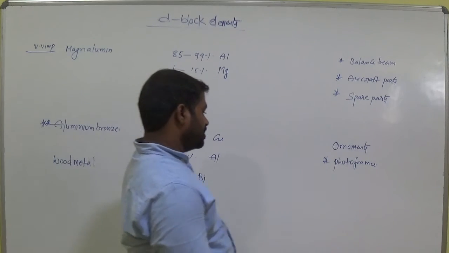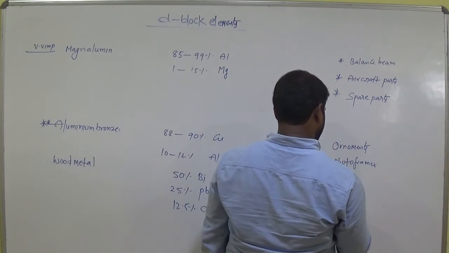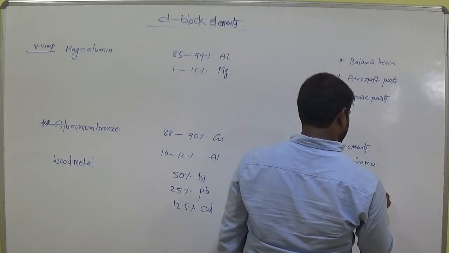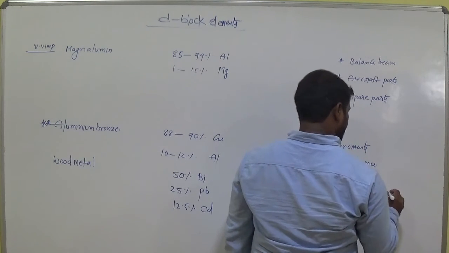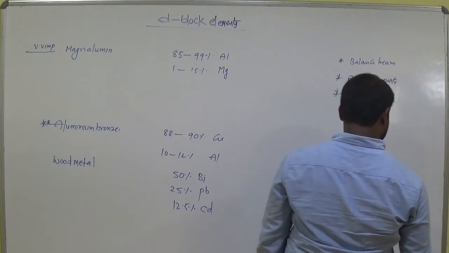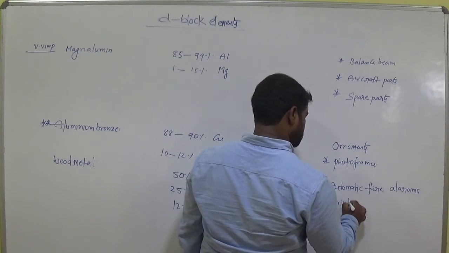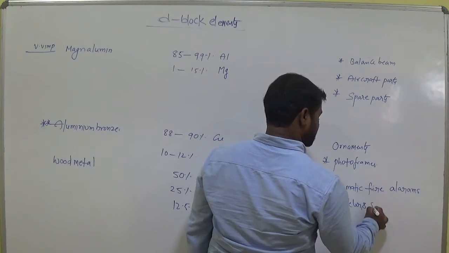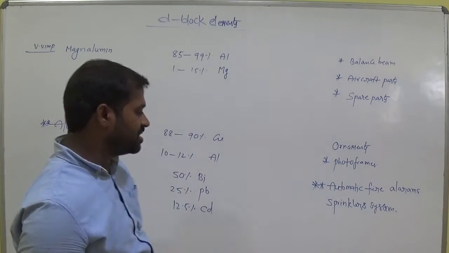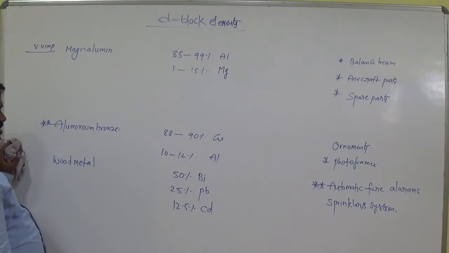By using these we can prepare automatic fire alarms and sprinkler systems, water sprinklers. Remember this. Wood metal, this is.